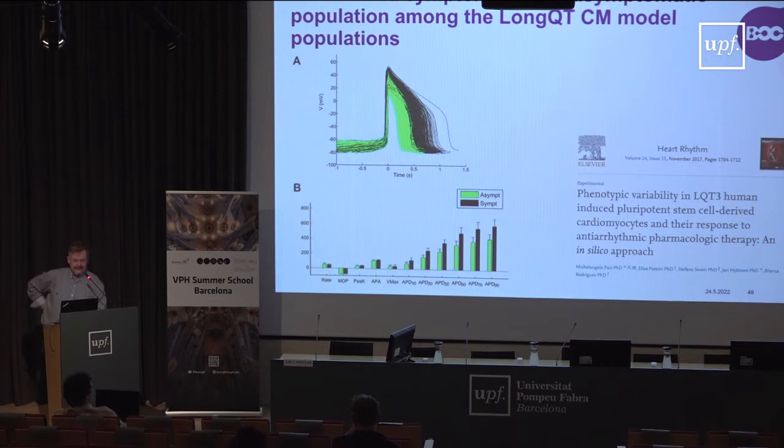What is here is that when we look at that population of models that has the long QT gene, so that has the elongated change of the ion channel, we noticed that some cells, even though there was this change on the ion channel, actually behaved normally, and some really had the phenotype of long QT.